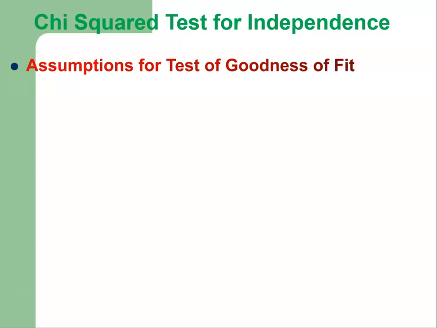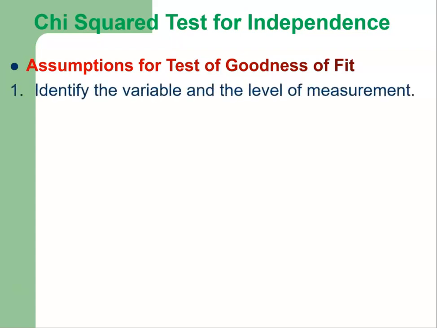There are certain assumptions for the chi-square test of goodness of fit, and the first assumption is that we should identify the variable and the level of measurement. So we must make sure that the variables we are dealing with are categorical, qualitative, or descriptive, and the level of measurement is either nominal or ordinal.